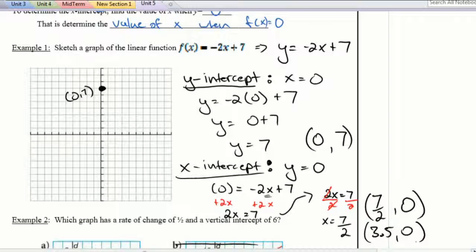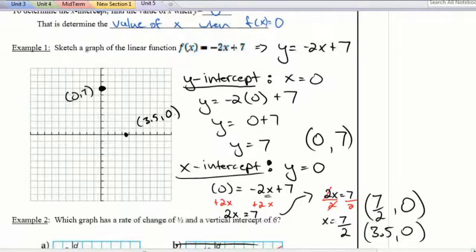So I'm going to plot this point now. My y value is 0, so I know I'm going to end up on the horizontal axis. And in this case, it's 3.5. So 1, 2, 3.5. There's my second point.